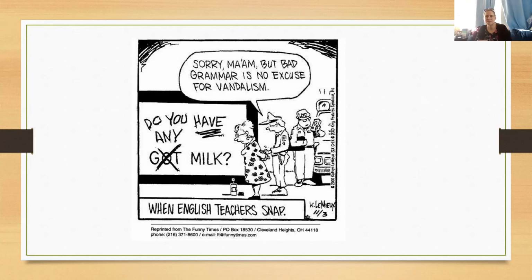There are advertisements, and there has been a trend toward mainstream media, social media, advertising of having poor grammar as a catchphrase or as something that's catchy and really makes it stand out to the audience.